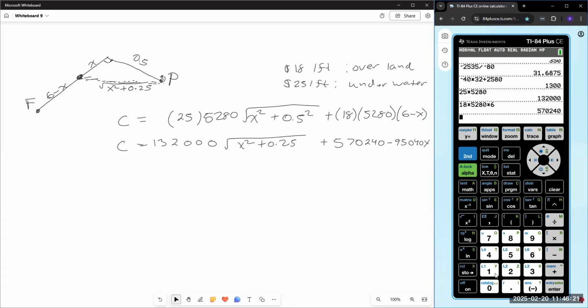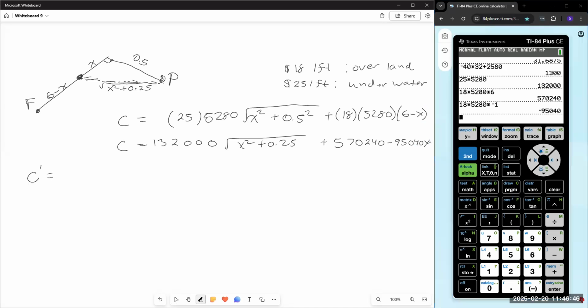And then I have 18 times 5280 times -1 is negative 95040x. So now I want to take the derivative so I can minimize this cost.